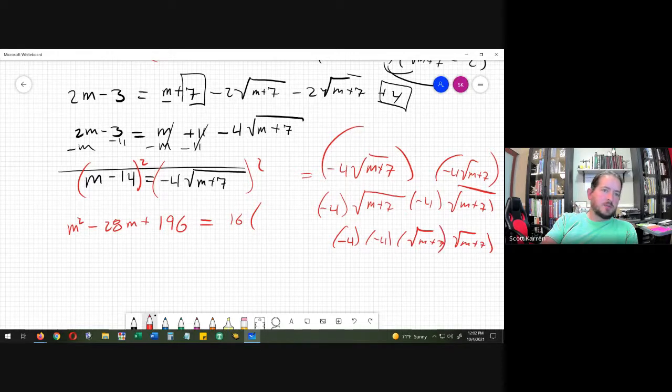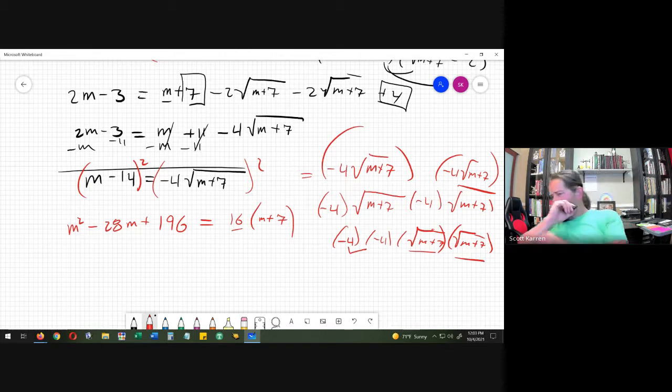Doesn't really matter how you think of this. Negative 4 and negative 4 multiplied gives you that positive 16, and then the root of m plus 7 multiplied by the root of m plus 7 gives you m plus 7. Well, that 16 has to get multiplied by all of that. Excuse me.